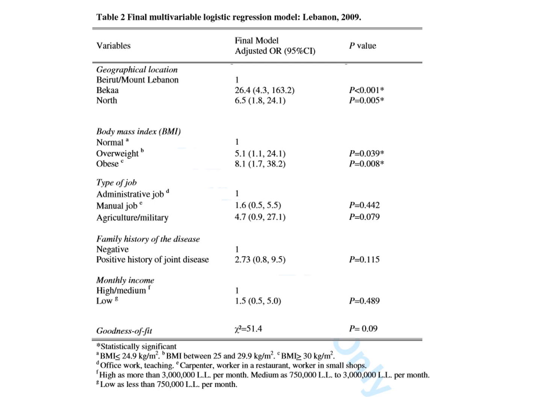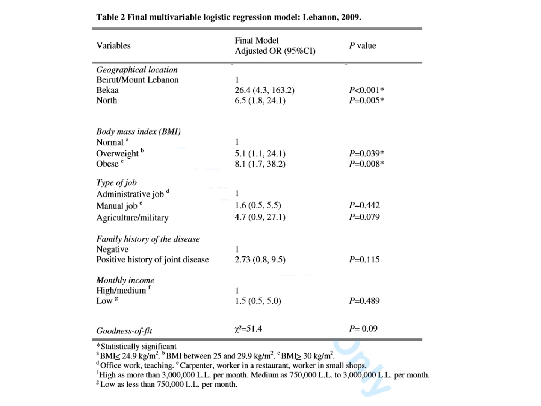So what he found is that people who reside in the Bekaa have 26.4 times higher odds of knee osteoarthritis compared to those in Beirut and Mount Lebanon. And this is independent of their body mass index, type of job, family history of the disease, and monthly income. What was also significantly related was body mass index.